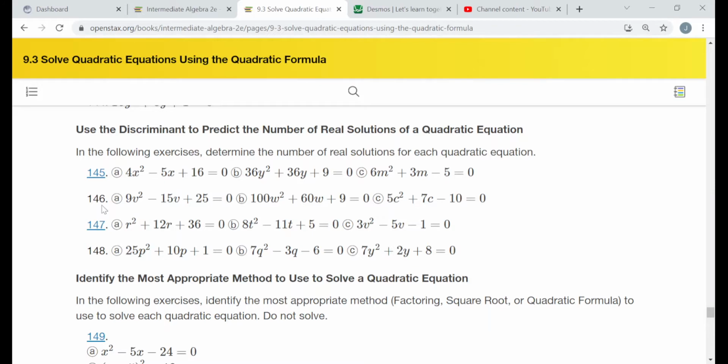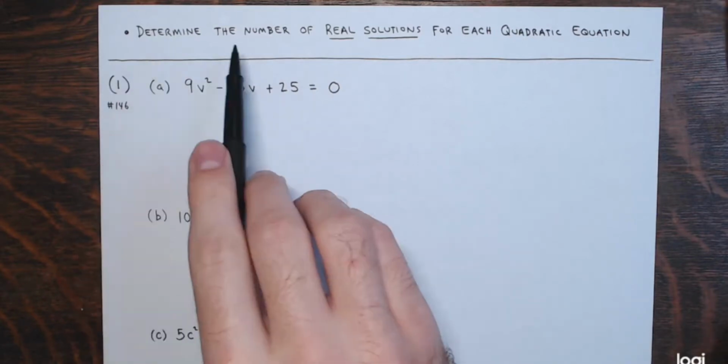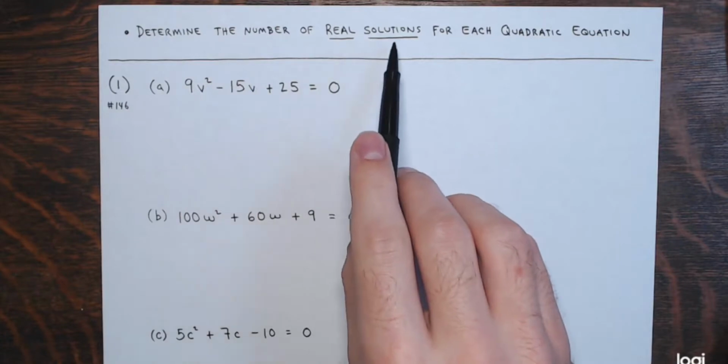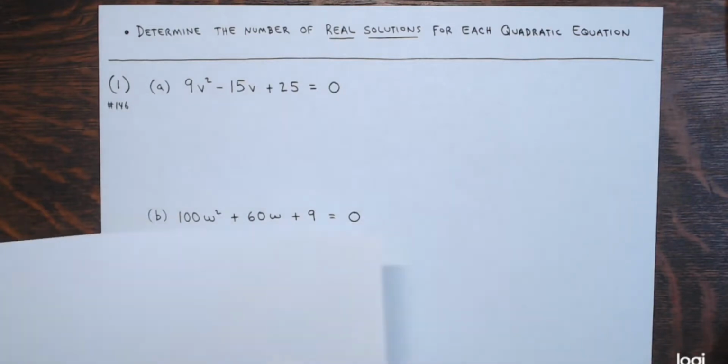Alright, so the first exercise is 146, which I have written out here. We are simply asked to determine the number of real solutions for each quadratic equation. Notice they don't say find the solutions.